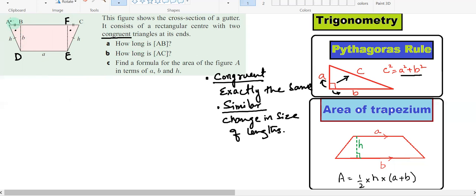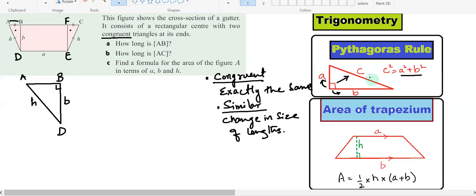AB is this length that we want to find. For the triangle ABD, what information do we have? This length is B, this is 90 degrees, and this is H. How do you find AB? By using the Pythagoras rule.